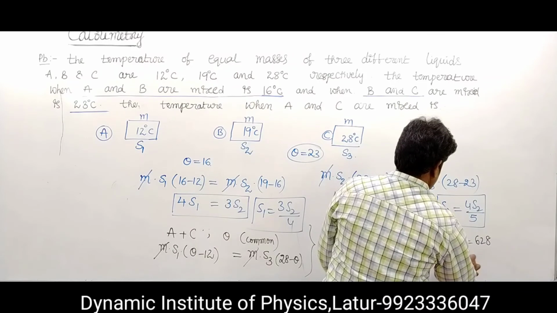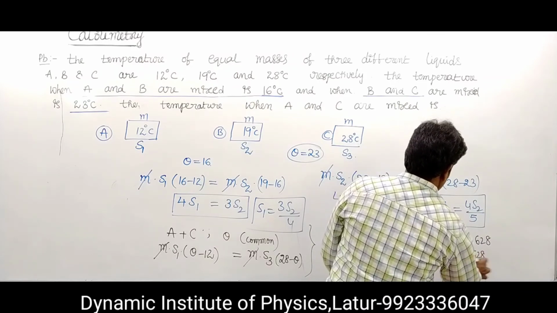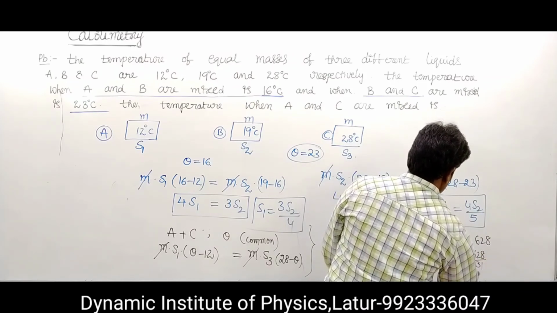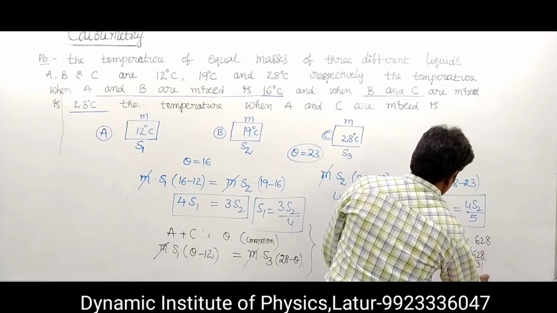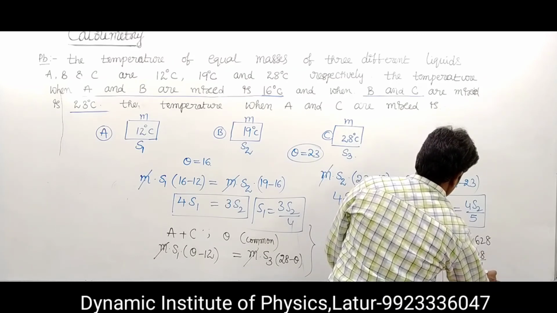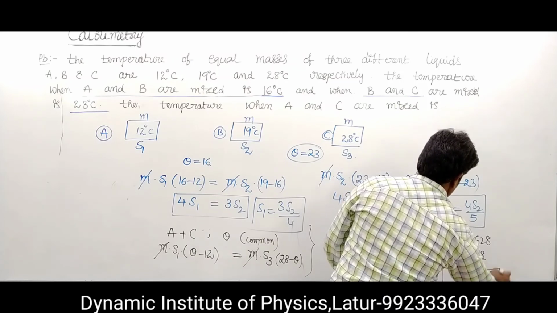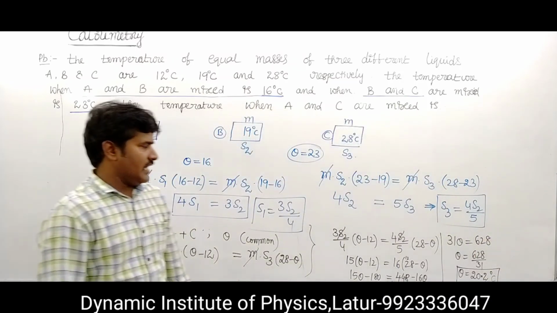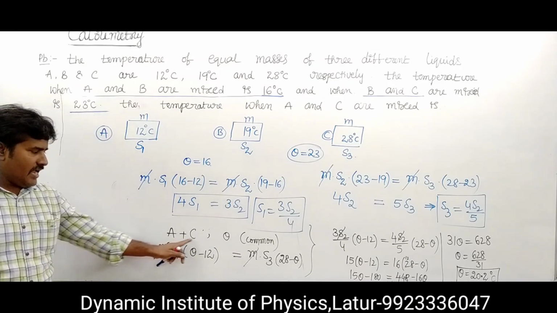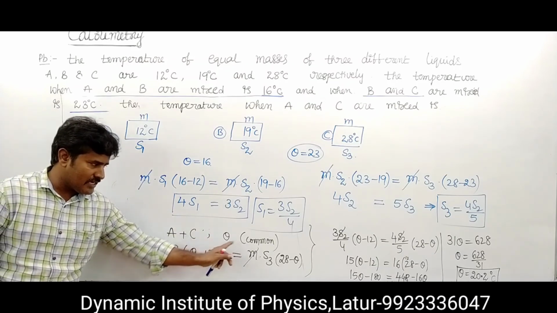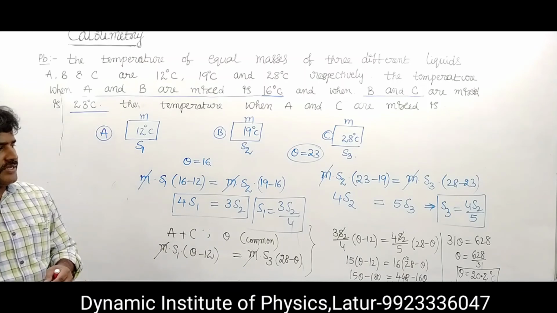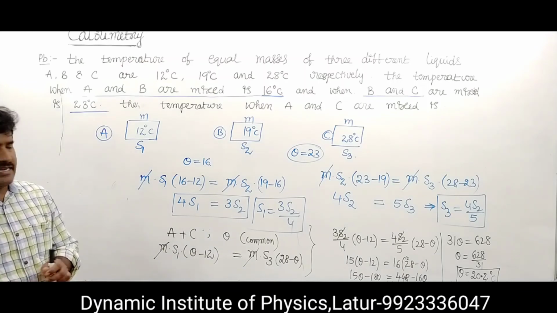So theta equals 628 by 31, which is 20.2 degrees Celsius. If A and C are joined, the common temperature is 20.2 degrees Celsius.